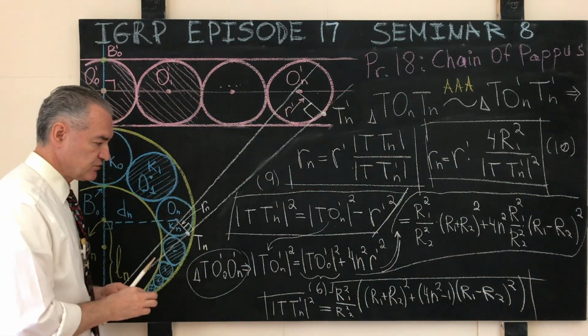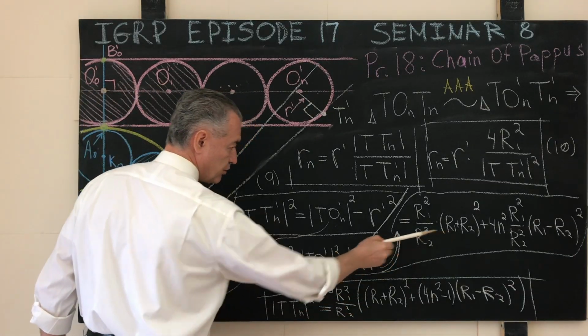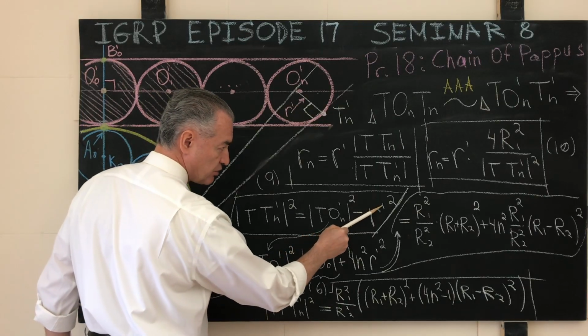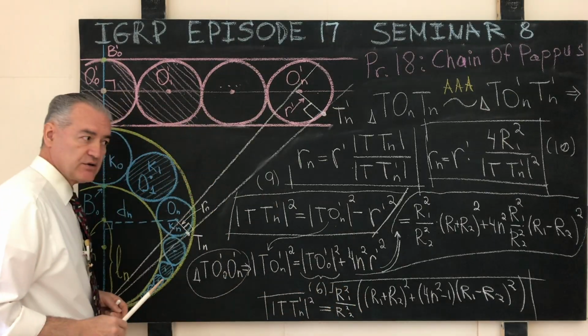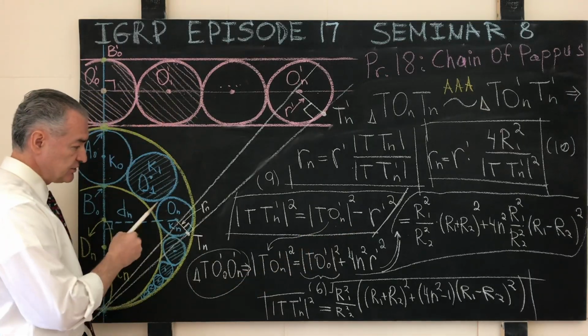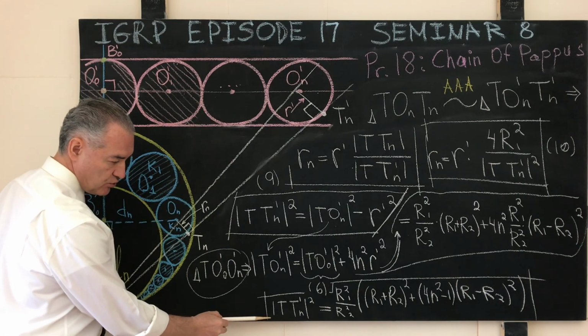The computational part is over. We now take this result and put it over here. And remember that we also have minus r prime squared. And once we unwind all the material that we have over here in terms of local variables, r1, r2, and n, we will obtain the expression shown over here.